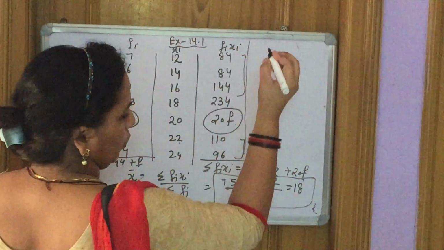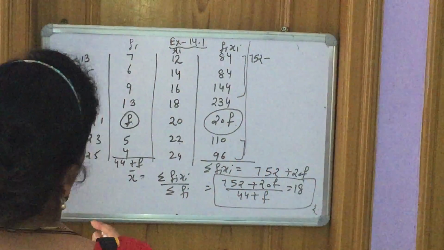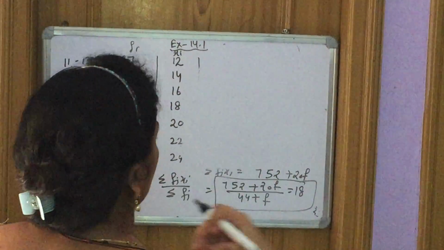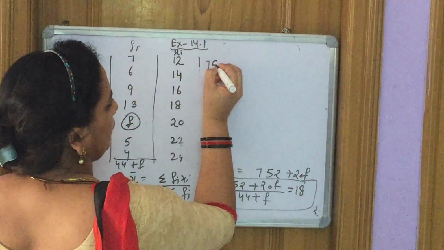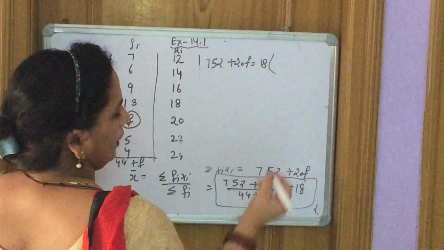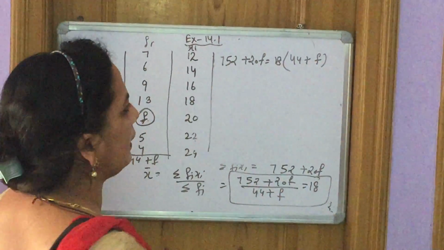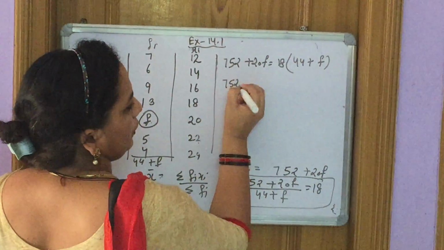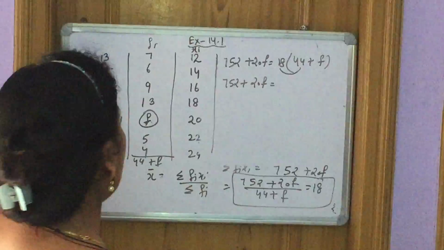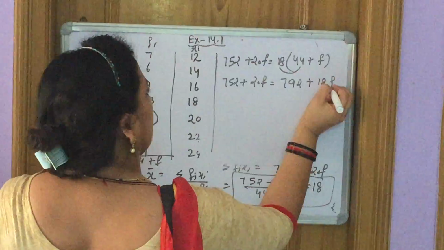So when we cross multiply, 752 plus 20f is equal to 18 multiplied by 44 plus f. Then 752 plus 20f is equal to 18 and 44. When we multiply this term, we get here 792 plus 18f.